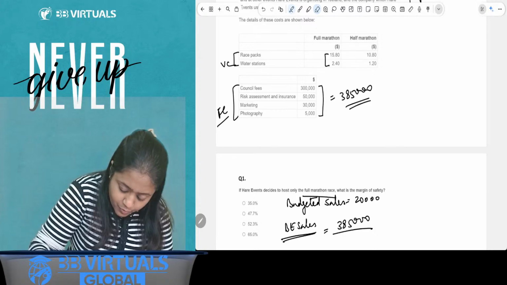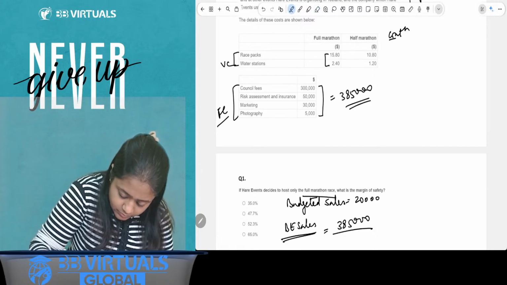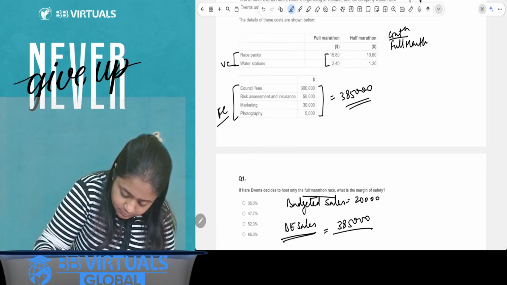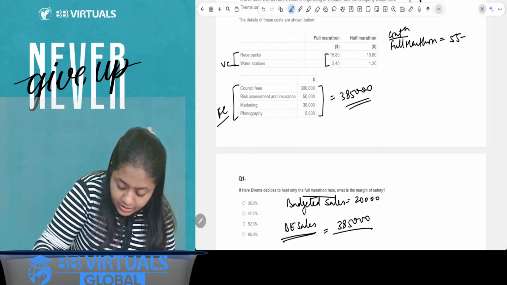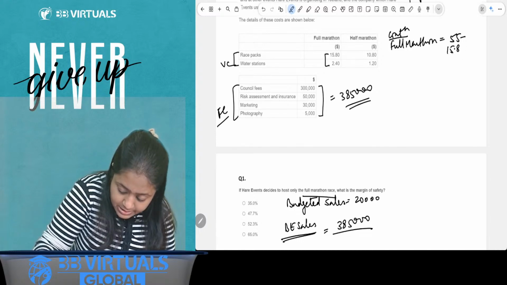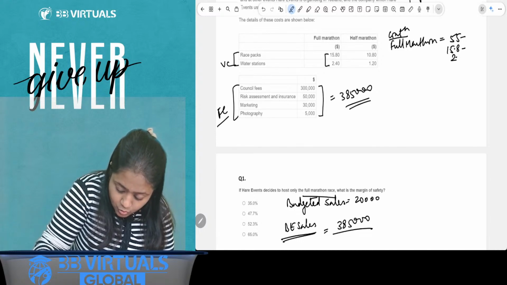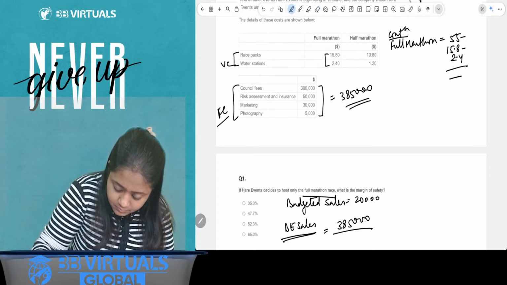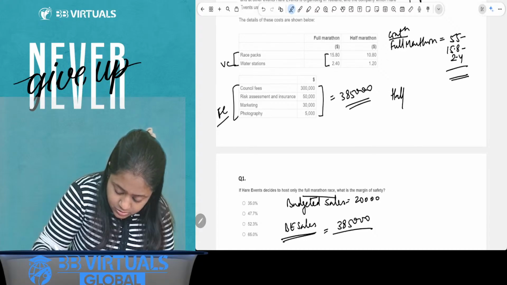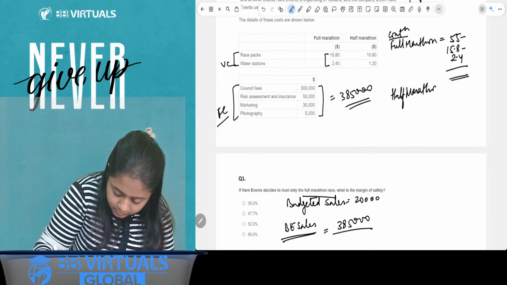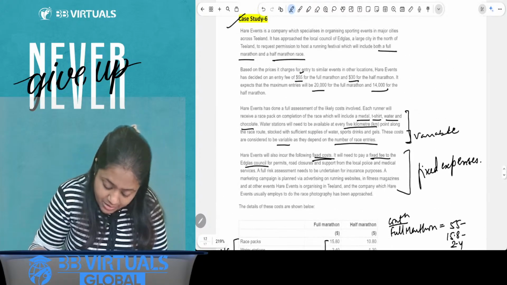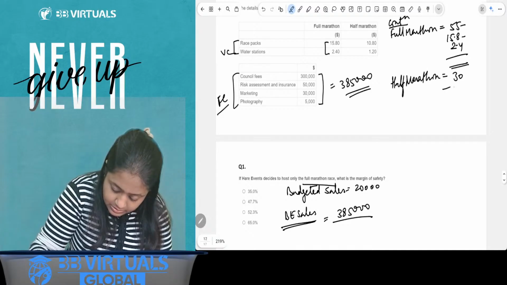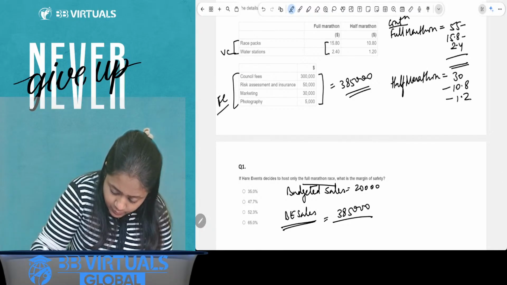We can calculate for both. For the full marathon, contribution will be 55 minus 15.8 minus 2.4. And for the half marathon also I can calculate. Half marathon selling price is fixed at 30, so 30 minus 10.8 minus 1.2.